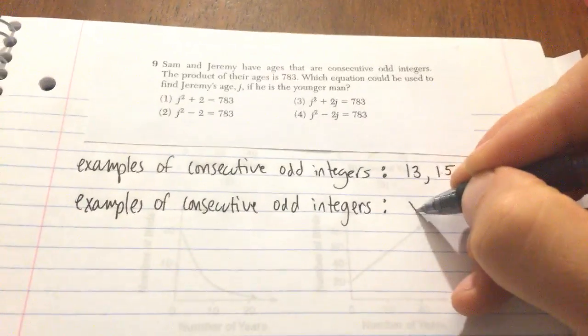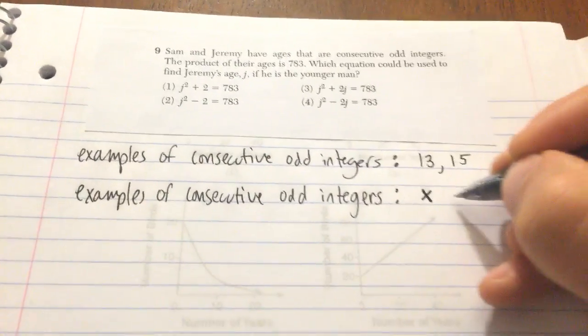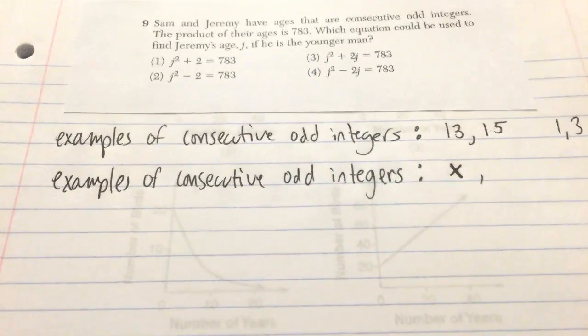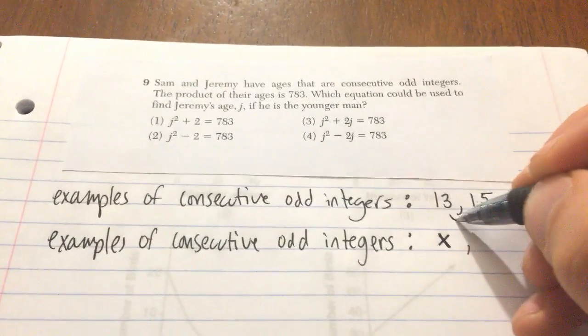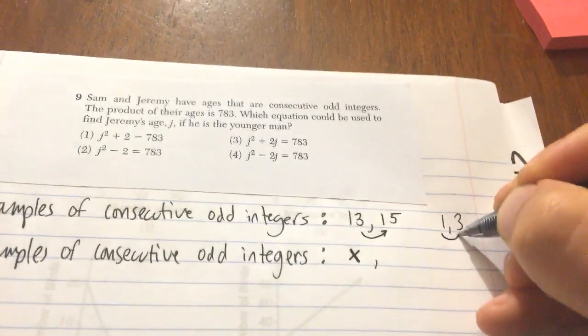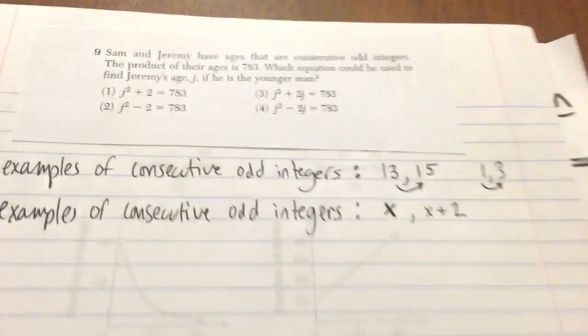Now, if I wanted my odd integer to be x, if x represented my odd integer, well, what would be the next one? People say y, people also say z, but in terms of x, what did I add to 13 to get to 15? What did I add to 1 to get to 3? Well, you added 2.